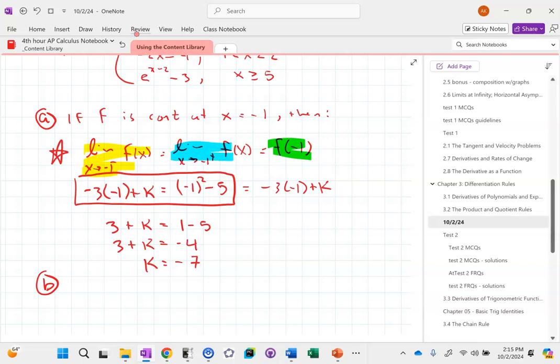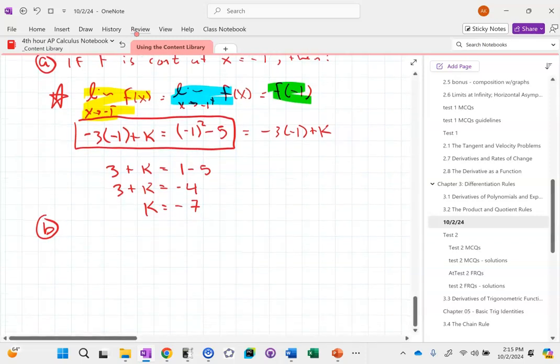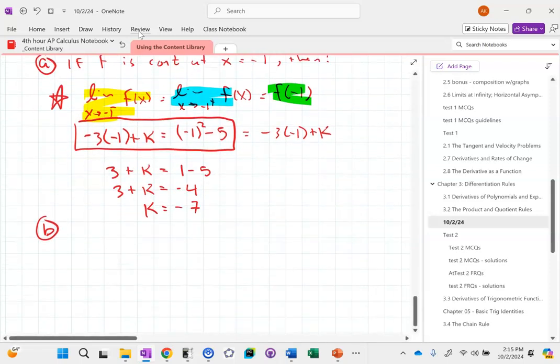All right, part B says, assume k equals your solution to part A. Determine where f is continuous. If a discontinuity exists, classify it, justify your answer and show your work. Okay.